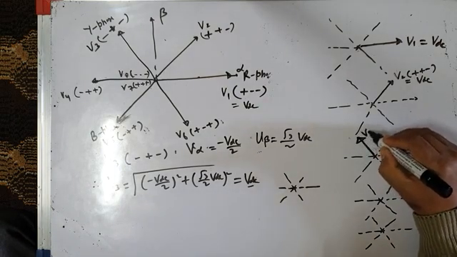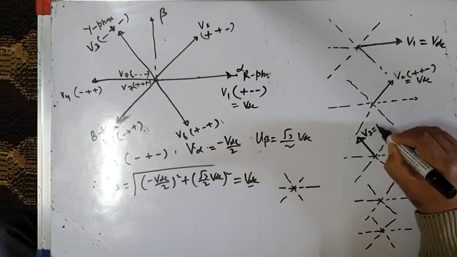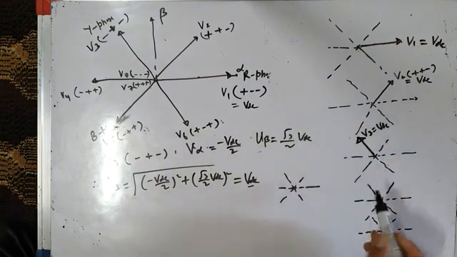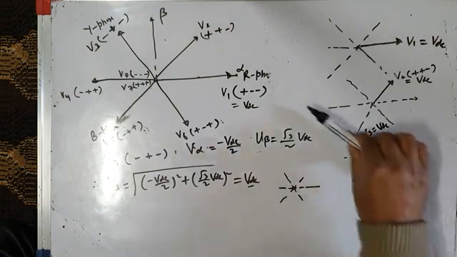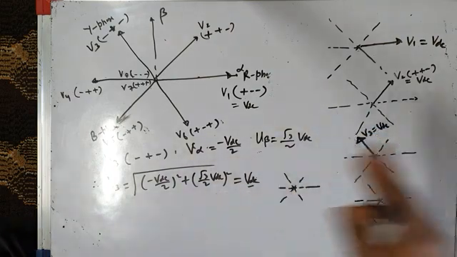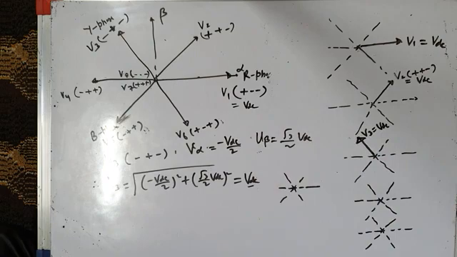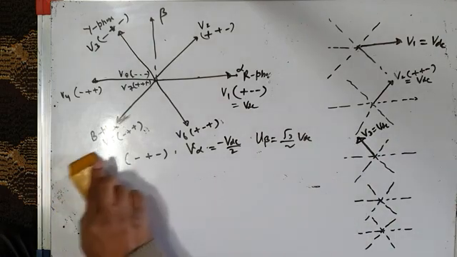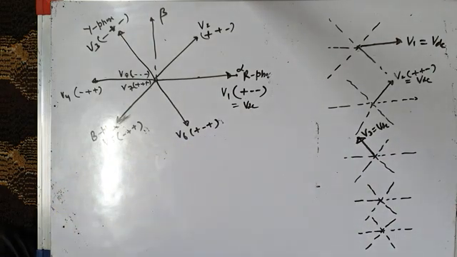So this is my V3 equal to VDC. That means after another 60 degrees, my voltage vector will come here and it will produce a certain amount of three-phase voltages, which I will discuss in a minute's time. Okay, so that was about the third switching state.